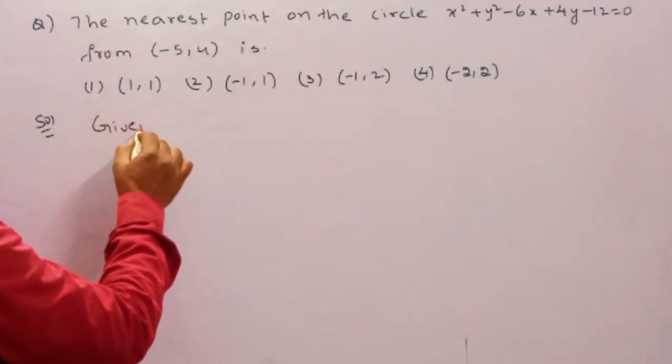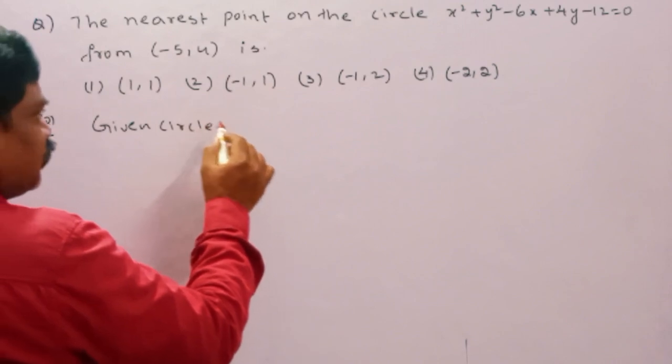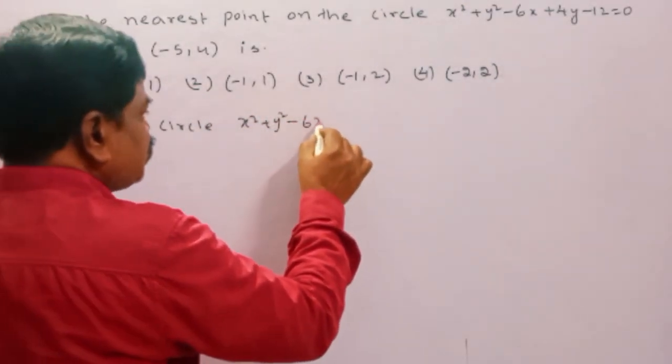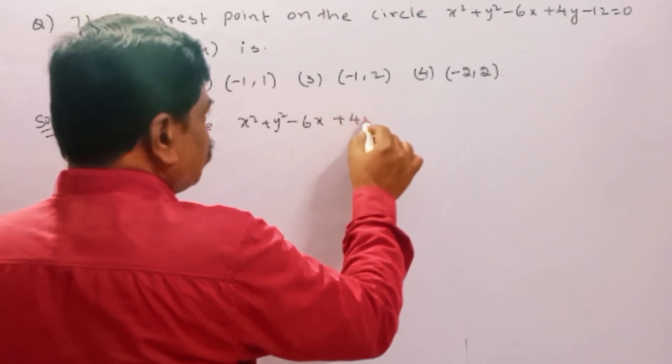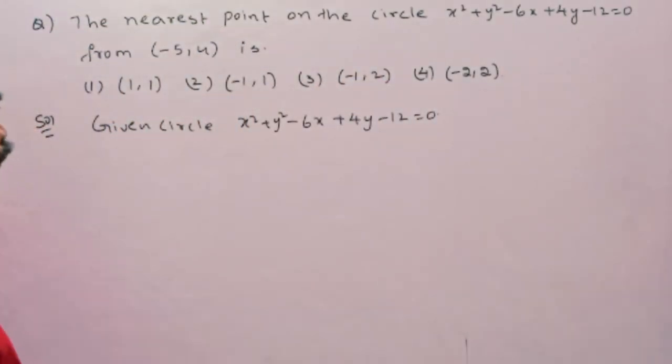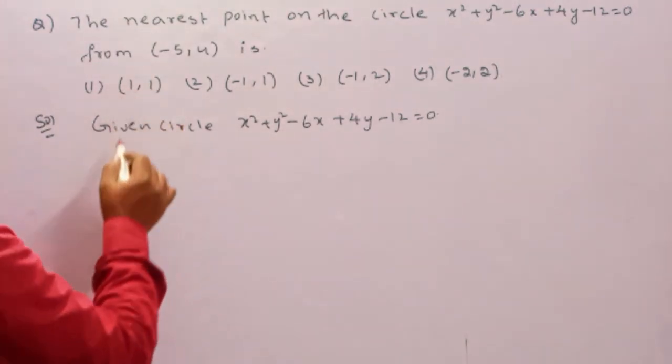So given the circle x² + y² − 6x + 4y − 12 = 0. This is the first one.